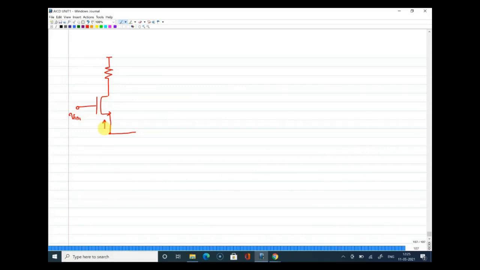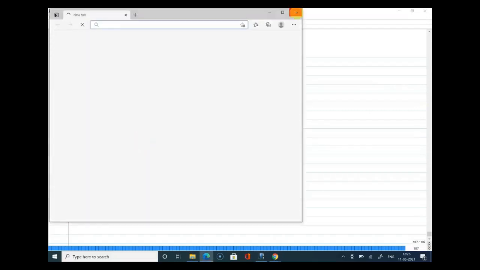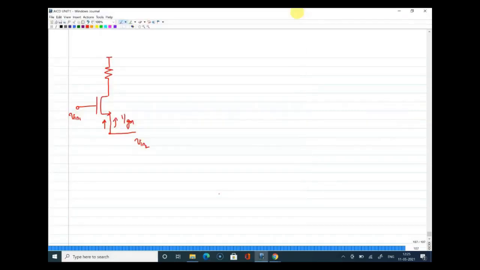Now, observe very carefully. What I need from here is a very high input impedance to connect this V in 2. But the impedance seen is very, very low, which is close to 1 by gm. Now I need to provide a high input impedance for the V in 2 source without disturbing the signal. So how can I do that?